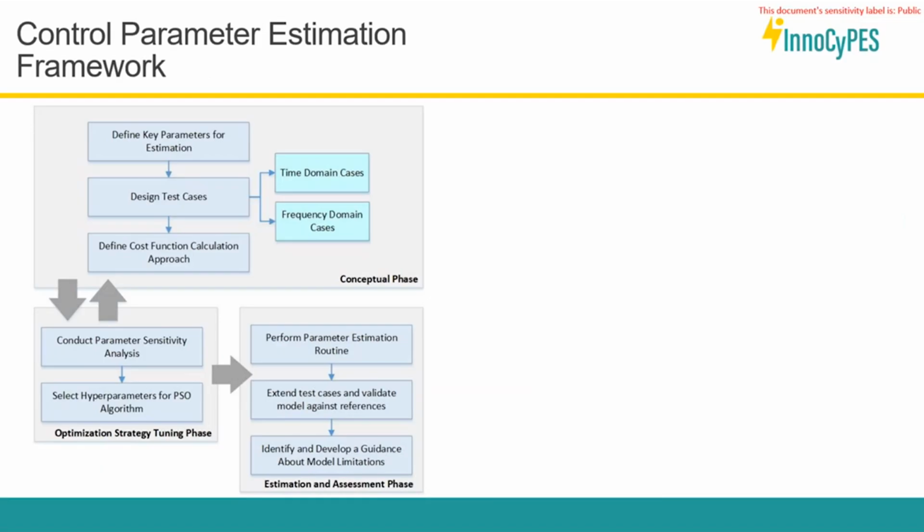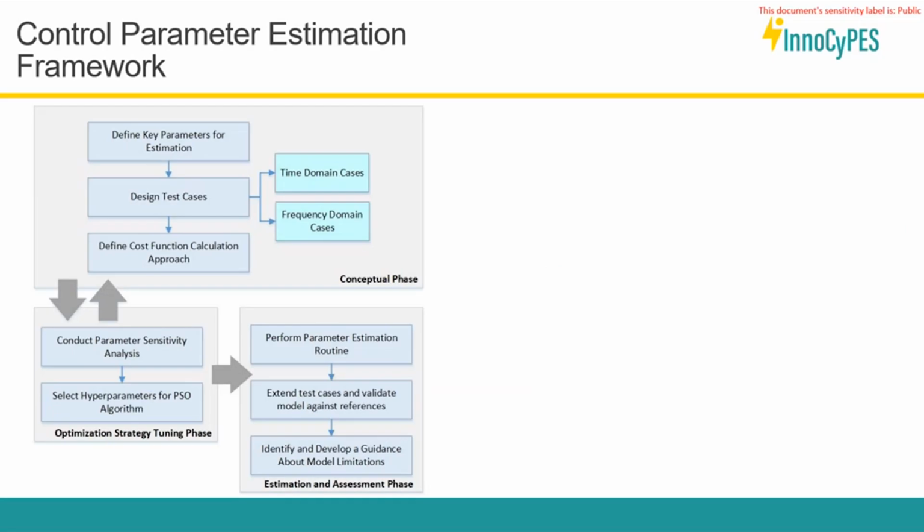So let's jump into the framework, right? This is the framework that we are presenting right now. The first thing is that I have a model, a generic model, let's say, and let's define the key parameters to estimate. So what I want to calibrate in these models. And then you can design the test cases.